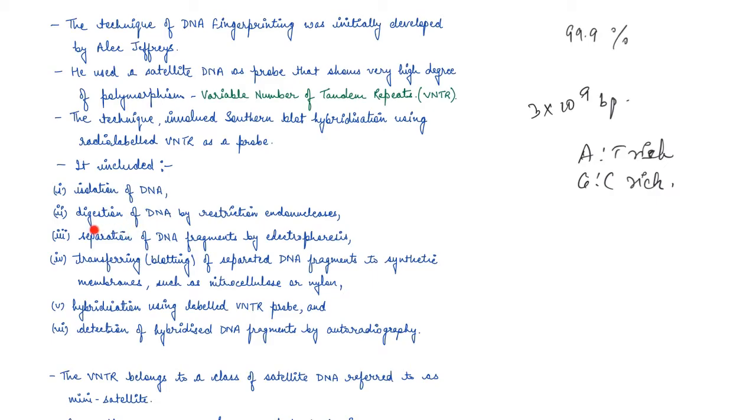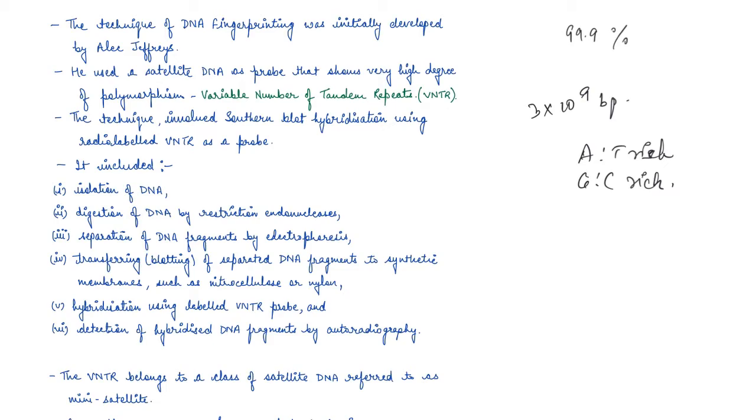And then we separate the DNA fragments by electrophoresis. After separation, we transfer the separated DNA fragments to synthetic membranes, such as nitrocellulose or nylon, right? Then we hybridize the DNA using the labeled VNTR probe.